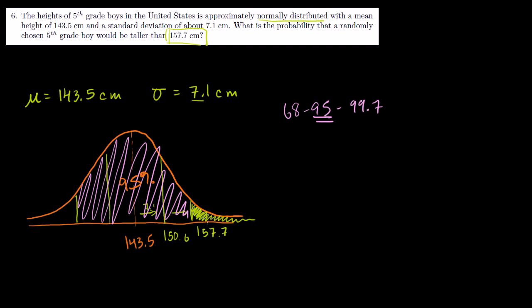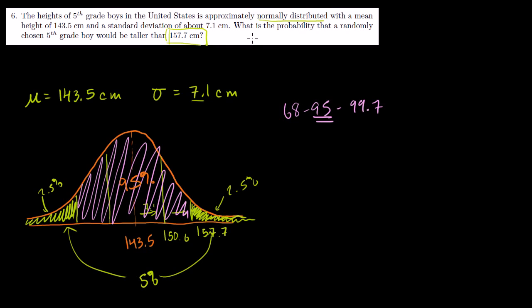What's left over, this tail that we care about and this left tail, has to make up the rest of it, or 5%. So those two combined have to be 5%. And these are symmetrical. We've done this before. This is actually a little redundant from other problems we've done. If combined they're 5%, and they're the same, then each of these is 2.5%.